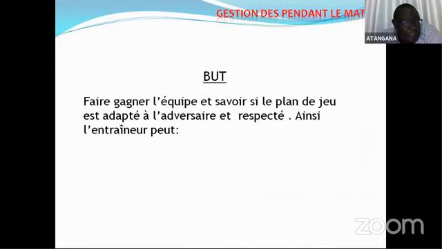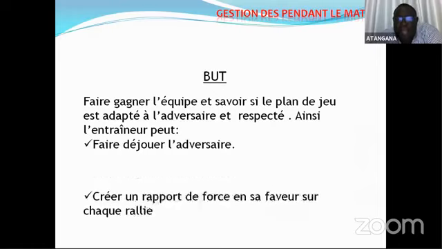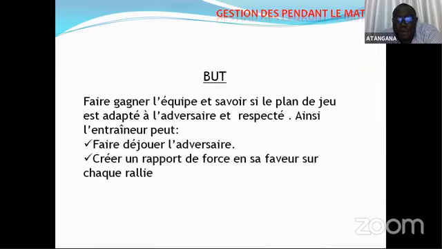This is very important because this is made in order to foil the opponent team and to always keep the balance positive in each rally for your team.